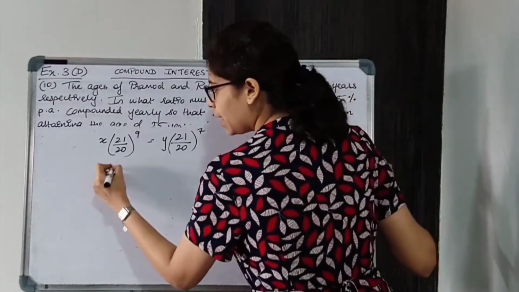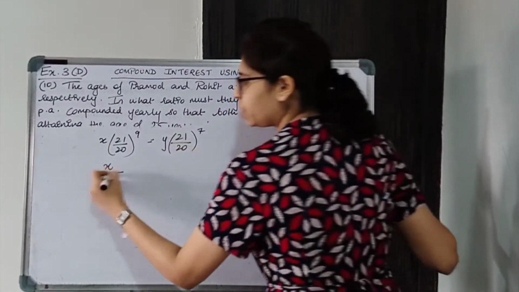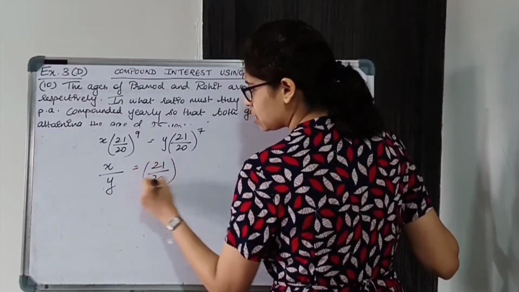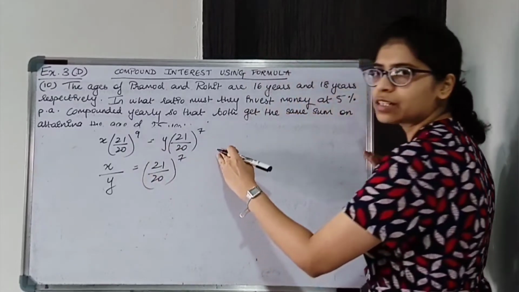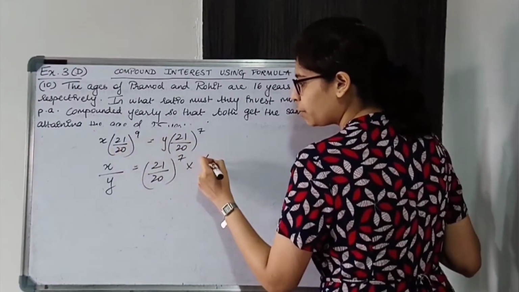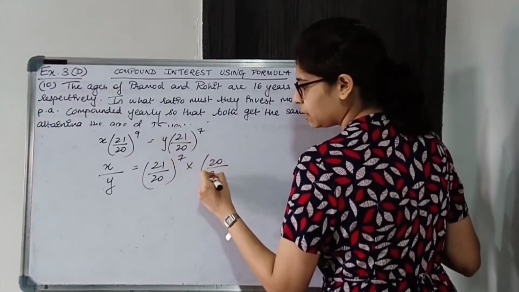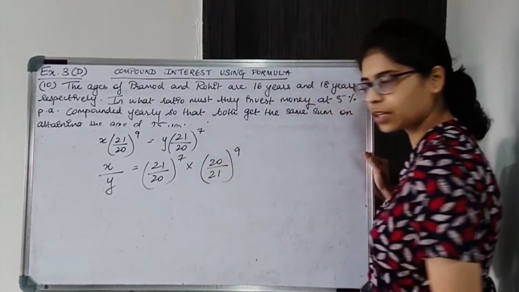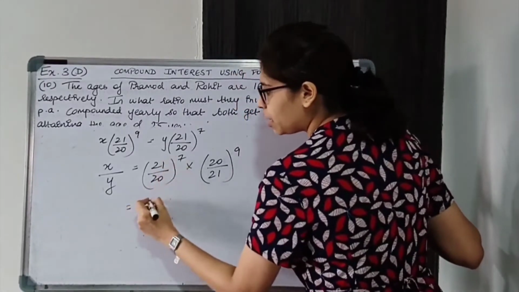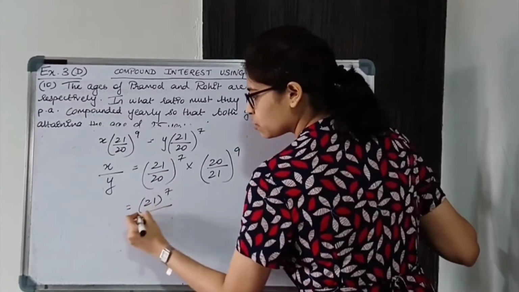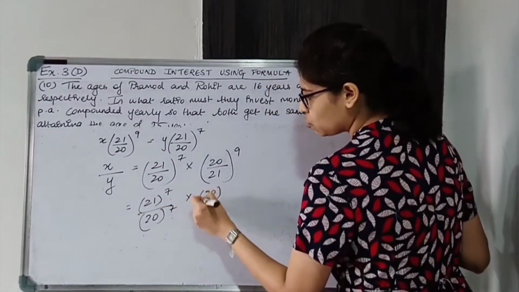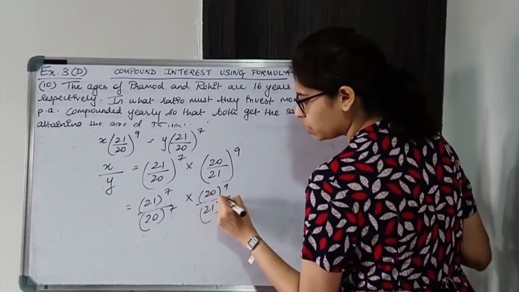So x will remain as it is, this will go in denominator, this will remain as it is, and when you shift this number on the other side, it becomes reciprocal. So denominator will go in numerator and numerator will go in denominator. Okay, now just divide the power, so you can write it like this: 21 raised to 7 upon 20 raised to 7 into 20 raised to 9 upon 21 raised to 9.